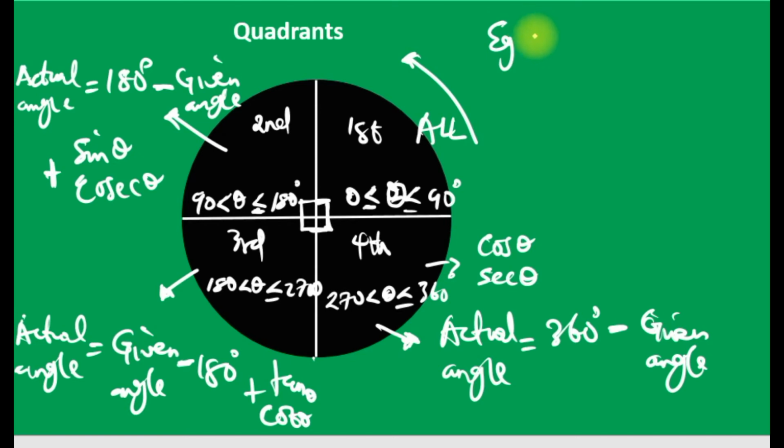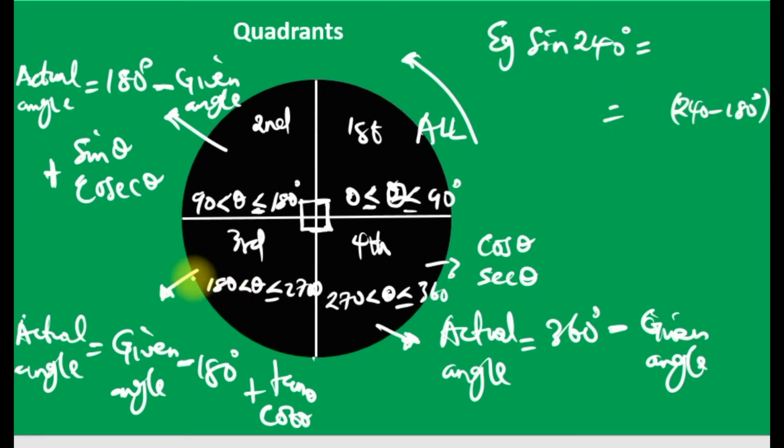For example, if you are asked to find sine 240, what you have is 240 falls within which quadrant? Third quadrant. So the reference angle is the given angle minus 180. So we need to do 240 minus 180.